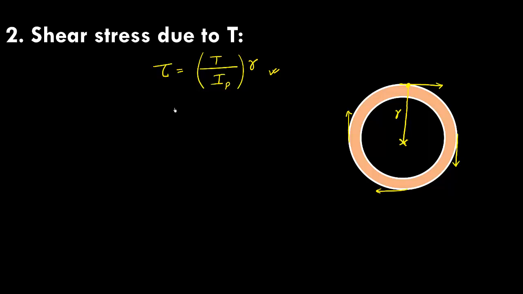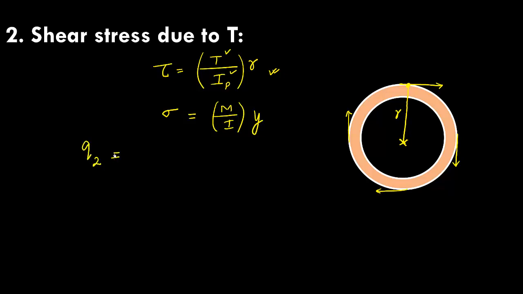This formulation is the same as the bending formula, that is bending stress sigma equals M divided by I times Y. Only thing is, in place of M we have the twisting moment T, in place of I we have the polar moment of inertia, and in place of Y we have radius R. Now let's say the shear stress due to T is written as Q2.